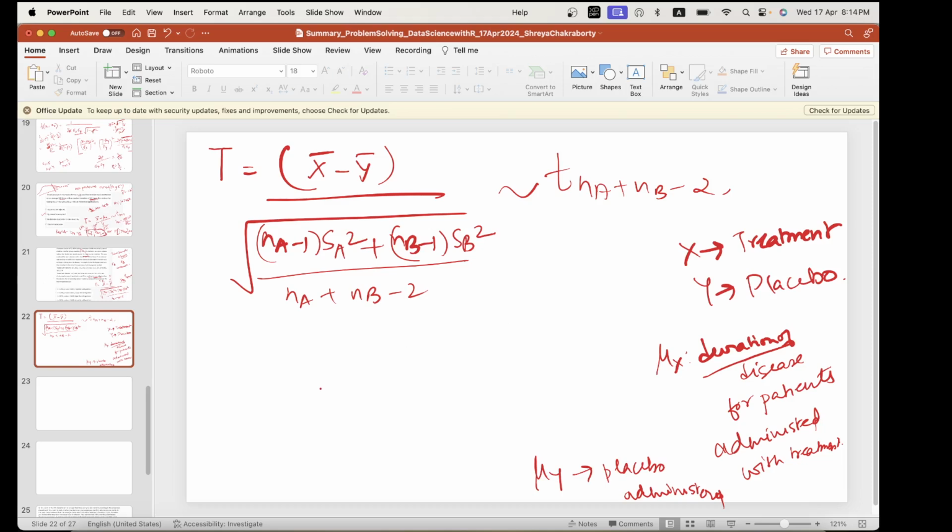So then mu x minus mu y, H1 is mu x minus mu y, because everything is x minus y here. This should actually be less than 0. Do you understand?